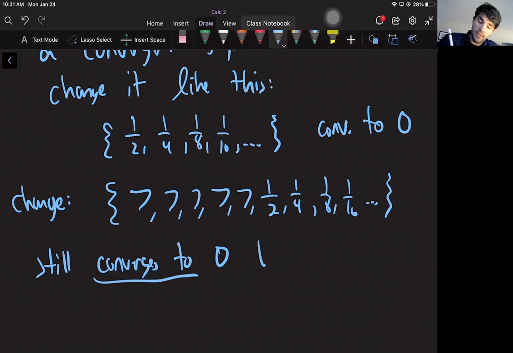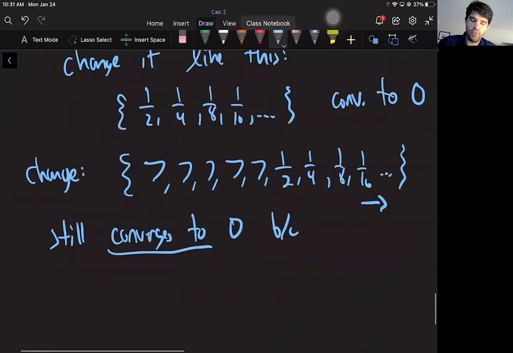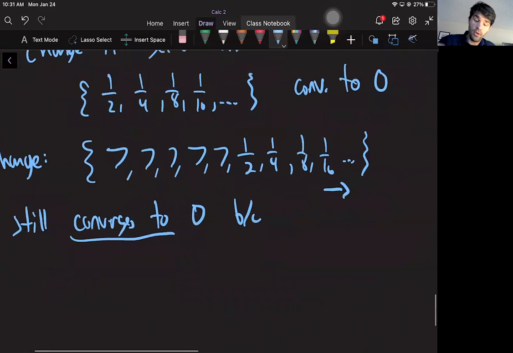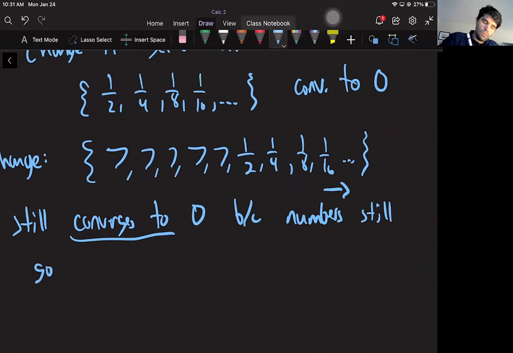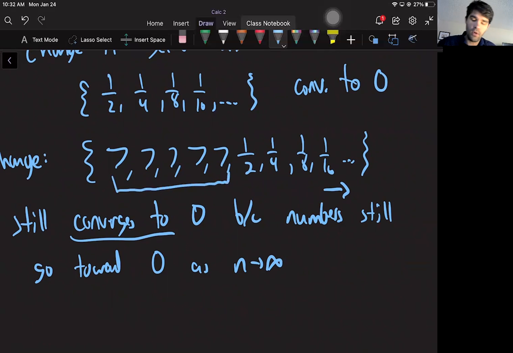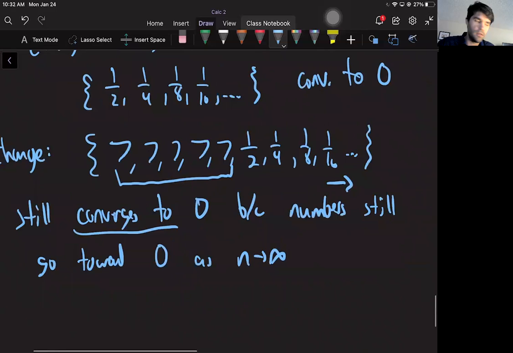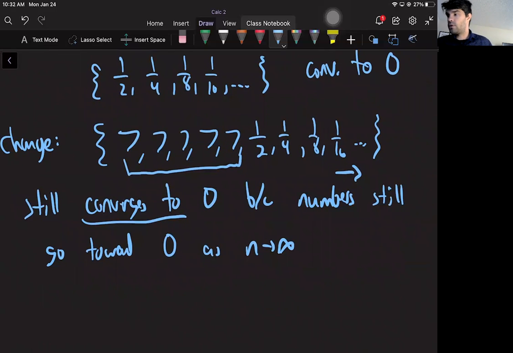And that's because convergence is all about what happens over here at the end. What's happening as you go toward infinity. And the numbers still go towards 0. Yes, the first 5 numbers don't go towards 0, but in the end they do. And that's what matters for convergence.